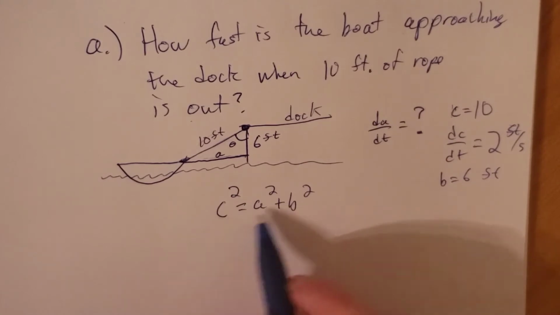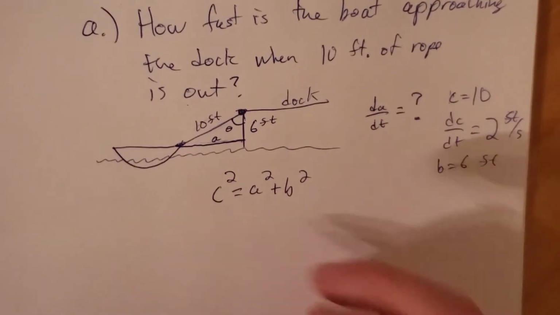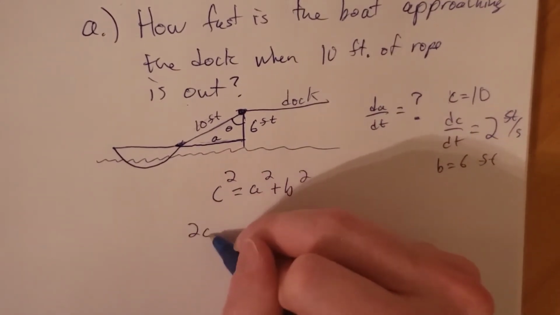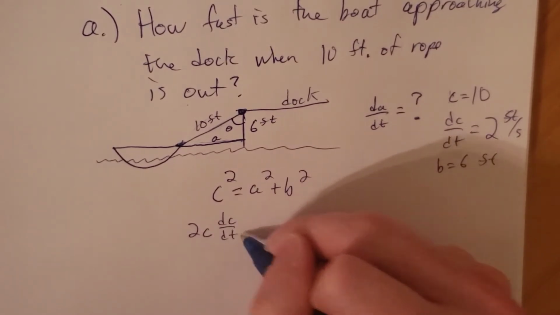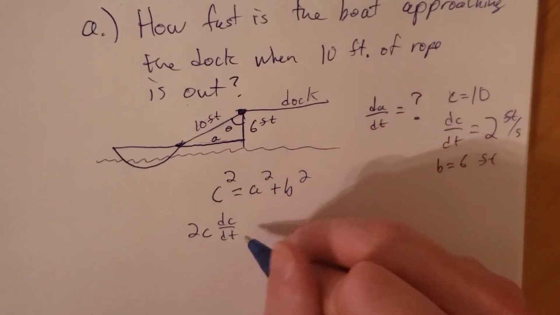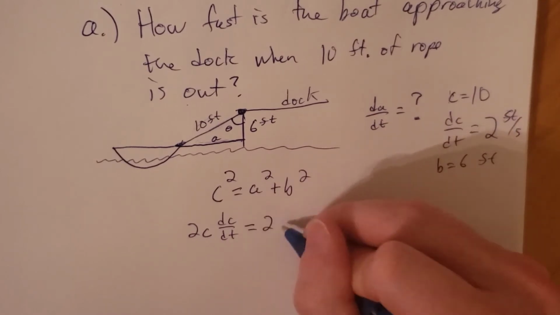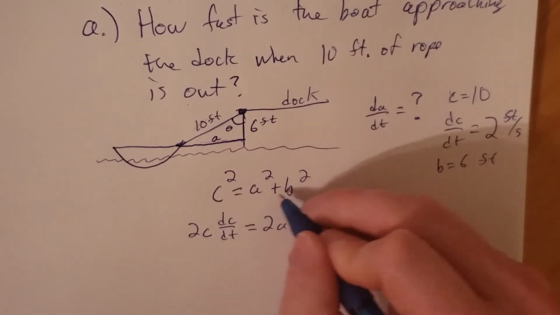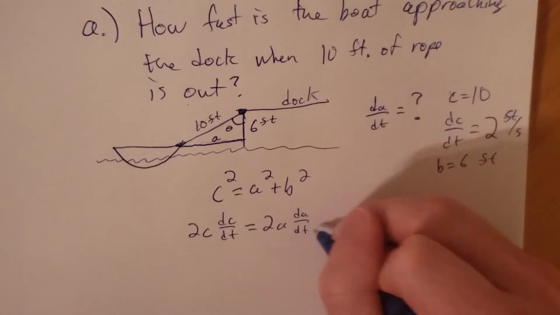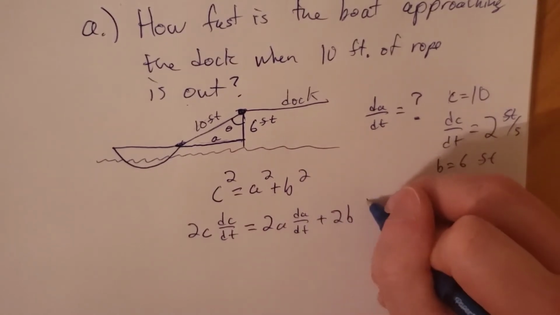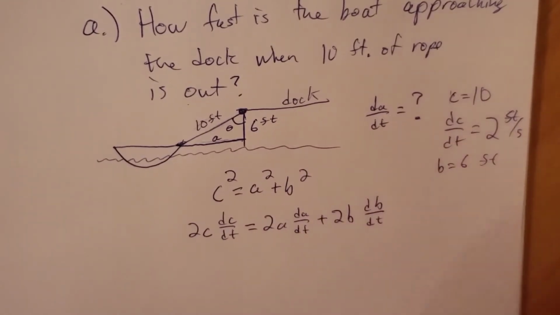Well, if we derive both sides here, we're deriving with respect to time, we get 2c dc/dt on the left, and on the right, we get 2a dA/dt plus 2b dB/dt.